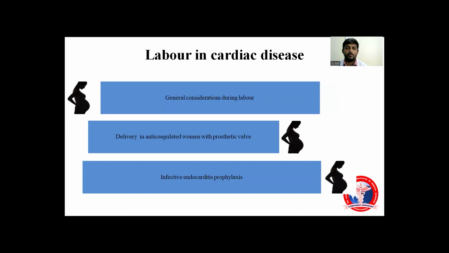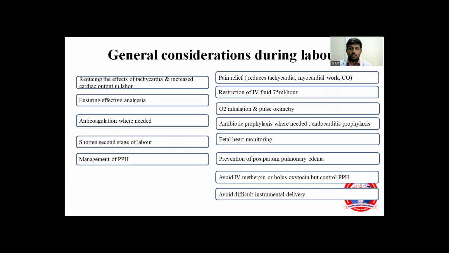So, how do we monitor labor in cardiac disease patients? We need general considerations during labor and delivery, and infective endocarditis prophylaxis. So, what are the general considerations we have to keep in mind during labor? We need to make sure there is no tachycardia.